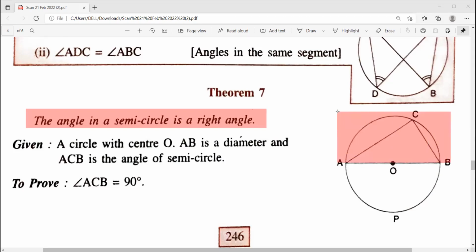So above AB, what you have is a semicircle, and below AB, what you have is another semicircle. You check this. This is what they mean by semicircle. This is the semicircle they're talking about.